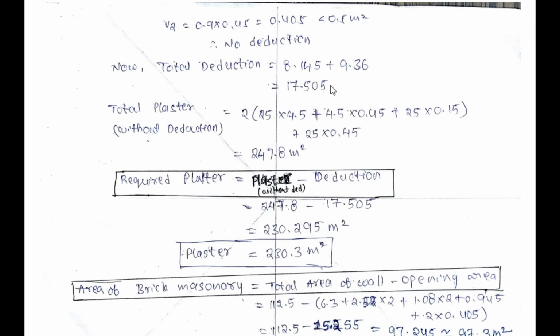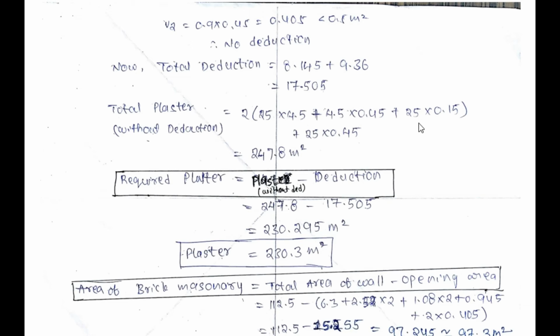We need to plaster the front side and the back side, plus two sides of the wall, plus the top. So that's what I wrote here. The width of the wall is 25 meter and the height of the wall is 4.5. This is for front and back, and this is for the sides, where the thickness is 45 centimeter and 4.5 is the height.